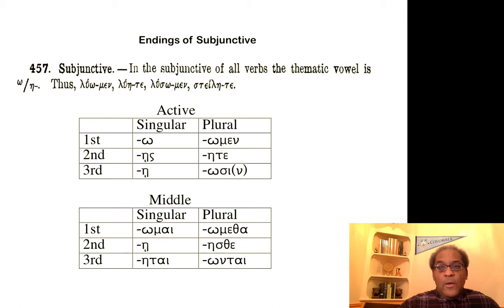So again, o, es, e, omen, ete, osi. I would start by just writing out these six forms, say 20 times, just to get them in your head. You'll see that they occur as such again and again in each of the tenses.